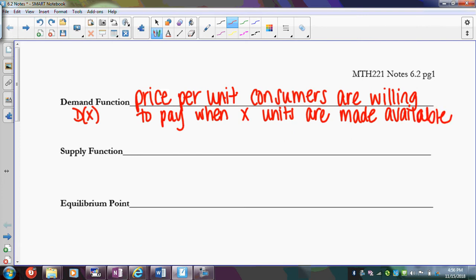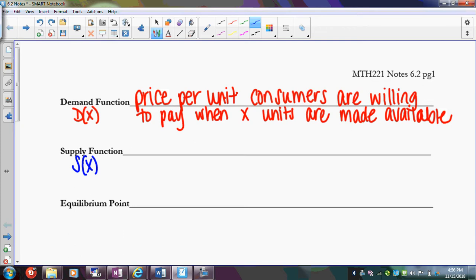So then if we talk about the supply function, that's typically represented with s of x. So s of x would be the price, or the y value, and x would be the number of units. So the supply function is the price that the producers are willing to produce and sell a certain number of units for, so x units.